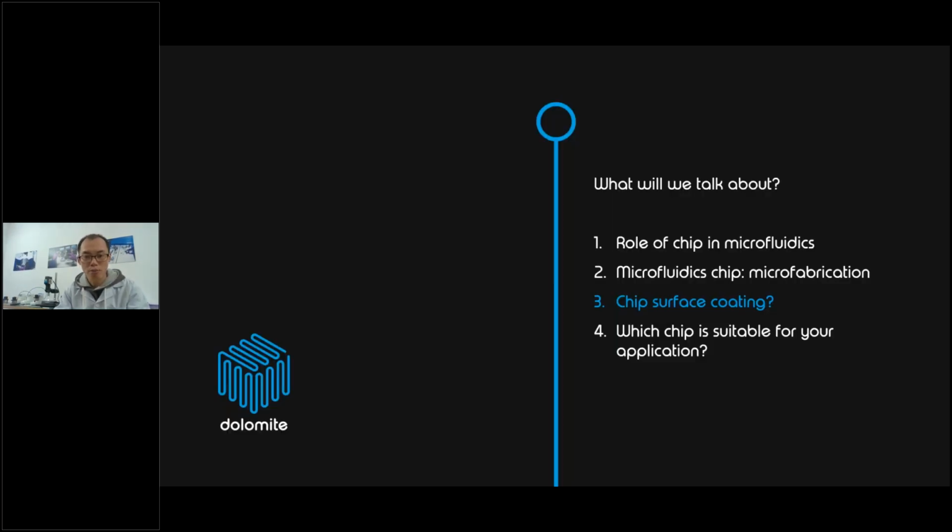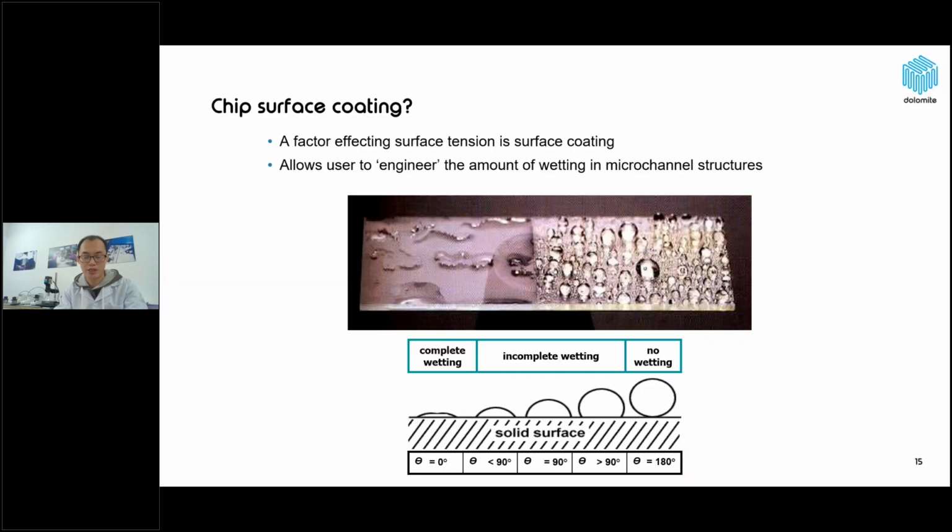We will talk more about the chip surface coating, as shown in this slide. One thing that affects the surface tension is the surface coating. This is a glass slide, as you can see in the photo. Half of it is coated with hydrophobic coating, and the left side is fully wet, which means it is a kind of hydrophilic, and on the right side the water droplet means we are getting no wetting.